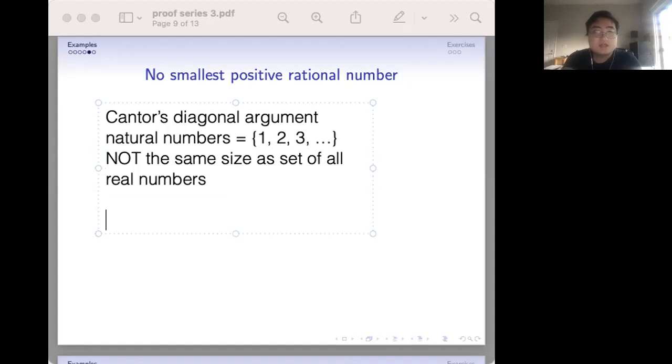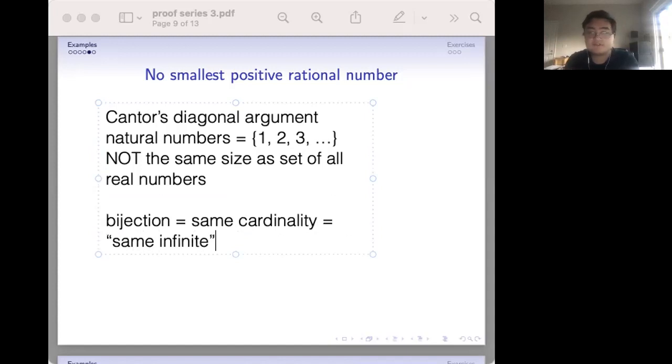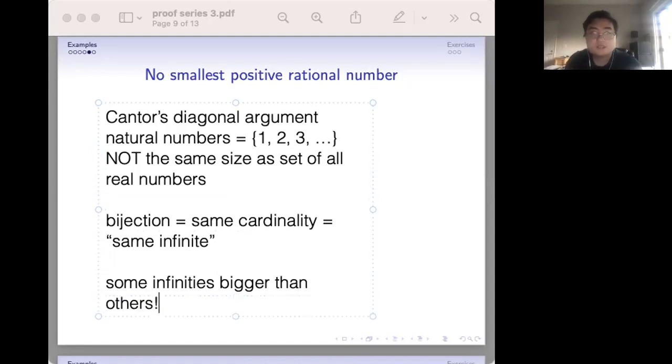We want to know, since bijection means same cardinality, do they have the same infinite size? Are they equally infinite? Or are some infinities bigger than others? Well, yes, it turns out there's plenty of infinities that are bigger than others. There's a whole hierarchy of sizes of infinity, so to speak. And if you're interested in set theory, you can look that up with cardinal numbers and ordinal numbers and Aleph null and that sort of thing.